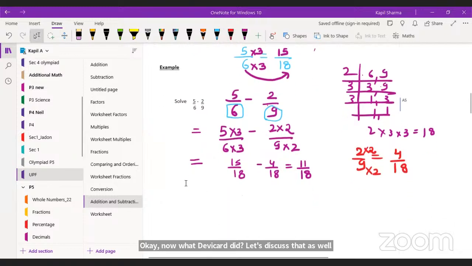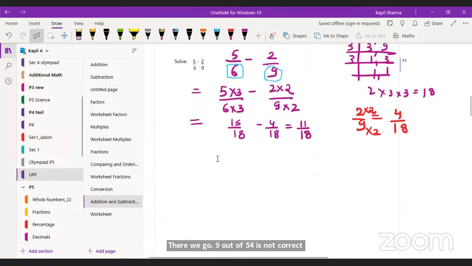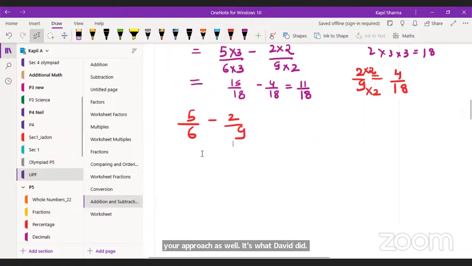Devika, 9 out of 54 is not correct. Let's check your approach as well. So what Devika did, we had the same fractions, but she thought that let's use 54 as the common denominator, which is also fine. Although we don't prefer it, but it's okay. As long as the denominators are the same, we don't care that much.